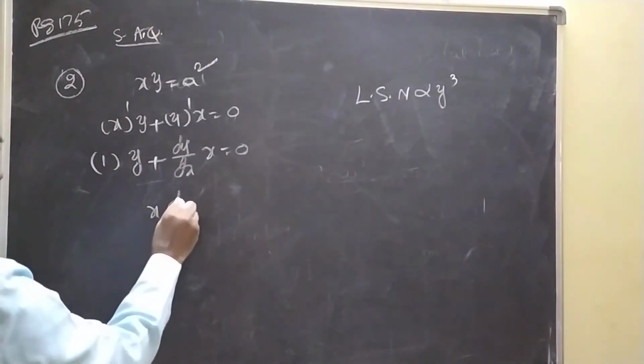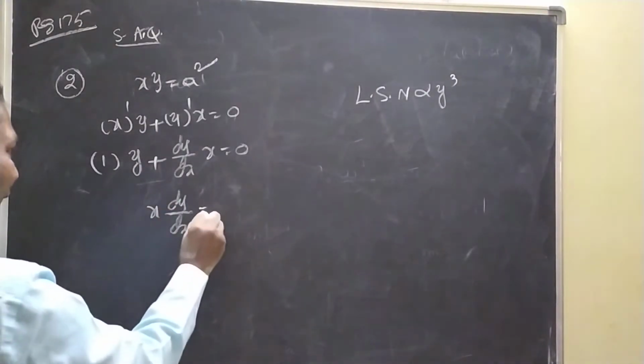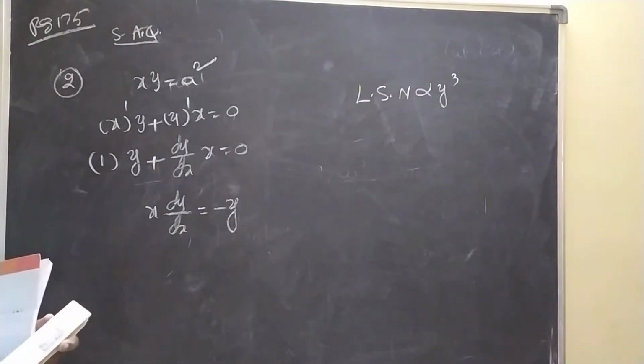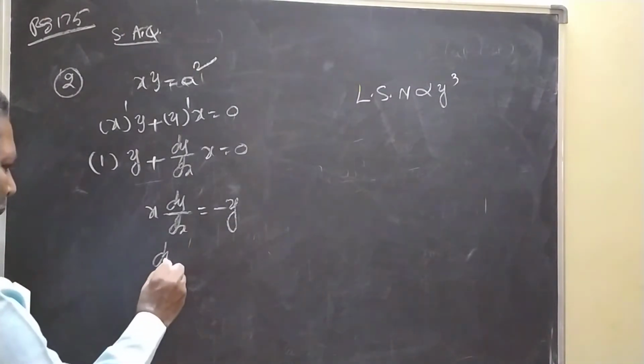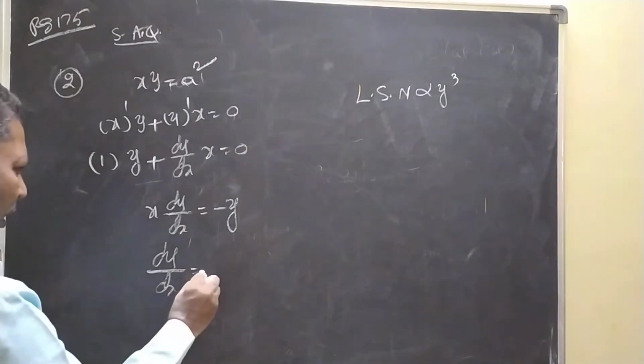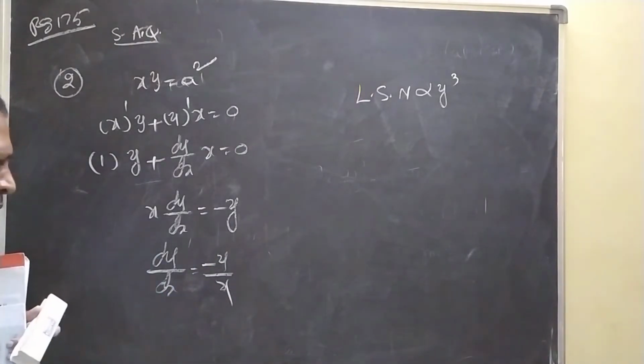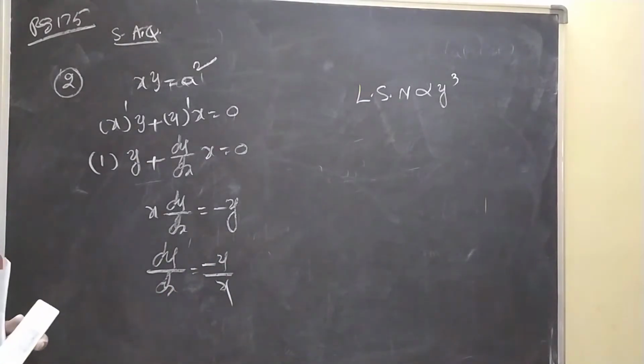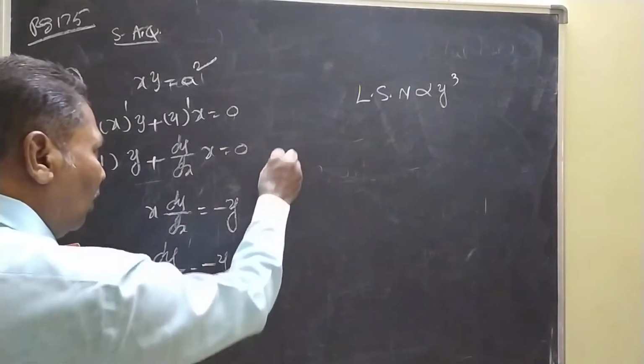So x into dy by dx equal to minus y. So dy by dx is minus y by x. This is nothing but m.